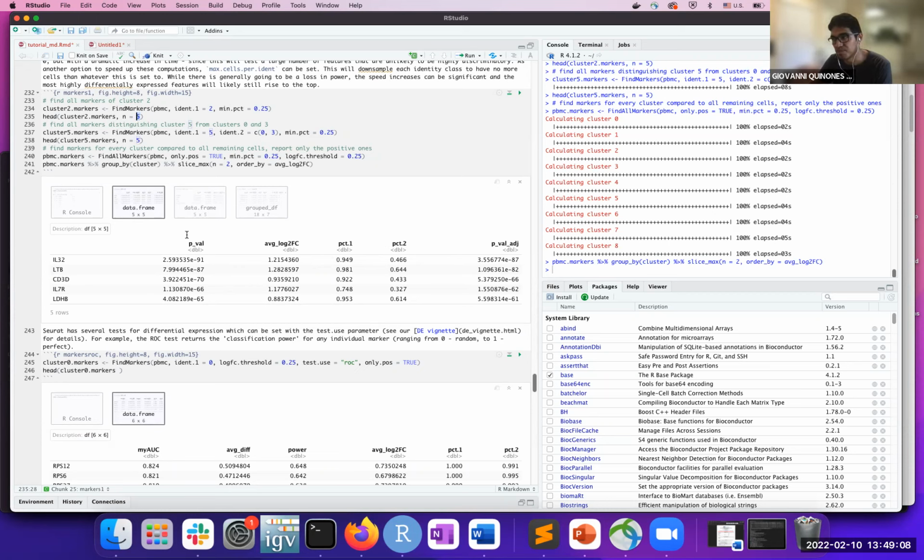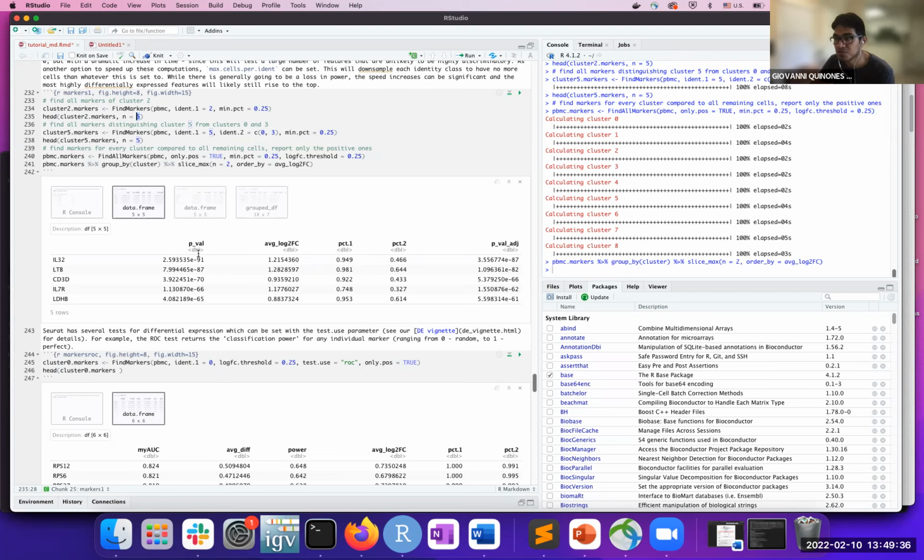We have the p-value and the average log2 fold change. These parameters derive from the differential gene expression calculation. And adjusted p-value to correct for multiple testing. And these 2 parameters indicate the prevalence of this gene in the testing groups.